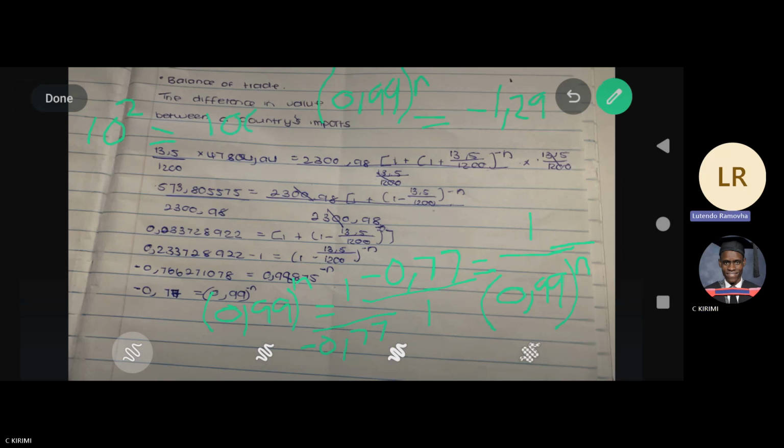Then if I want the exponent, which is the 2, I'm going to say that 2 is equal to log base 10, because this 10 becomes your base, of 100. So log base 10 of 100 gives you the n, which is the 2.